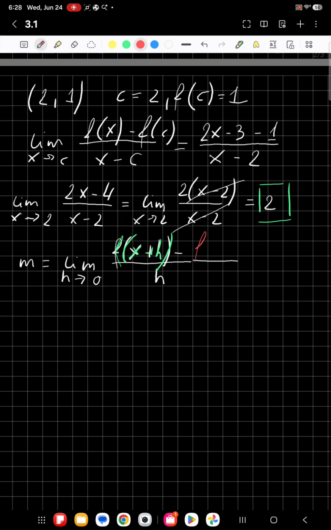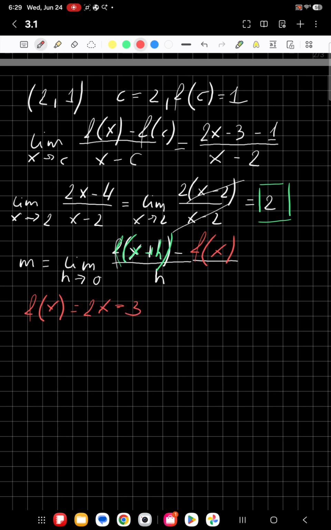Alright, so this is just f of x. Before I plug everything in, let me just write what that f of x and f of x plus h is. So let's start with f of x. What was that? 2x minus 3, I think so. 2x minus 3.